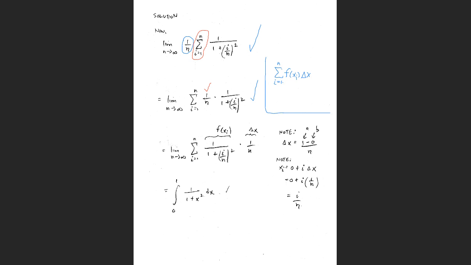Again, what you're doing is you have some function f between the limits of a and b, and you're adding up areas of rectangles.